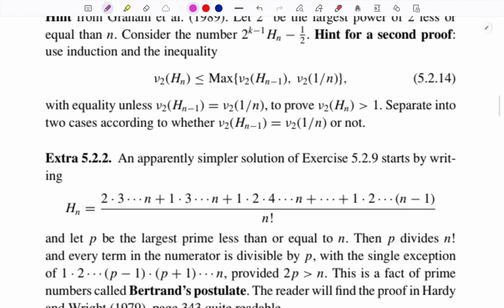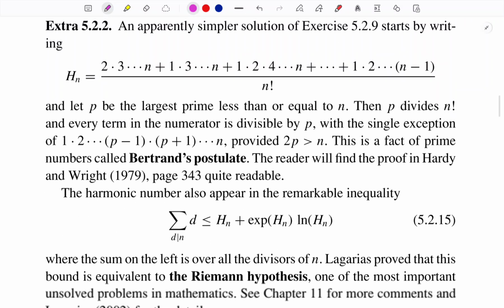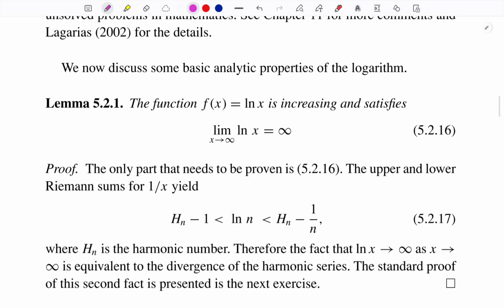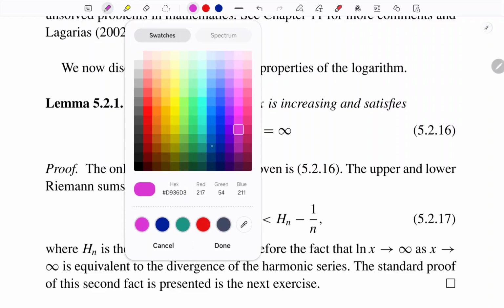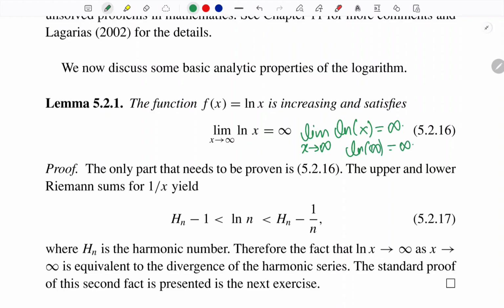Okay, let's just move further. Let's have a look at this. The limit as x tends to infinity of ln of x is infinity, like ln of infinity is infinity.